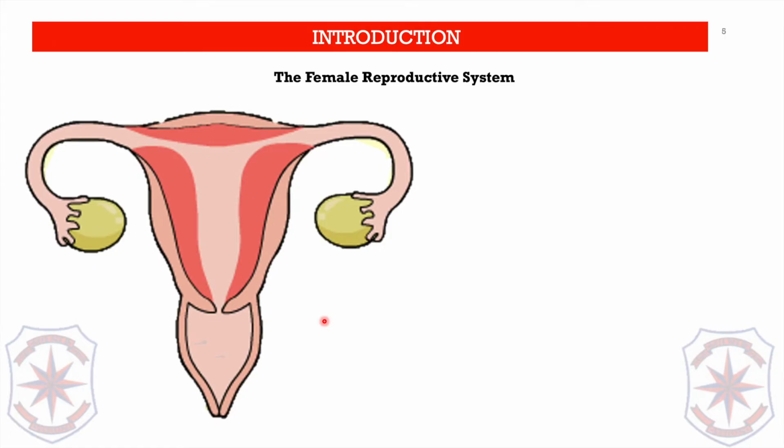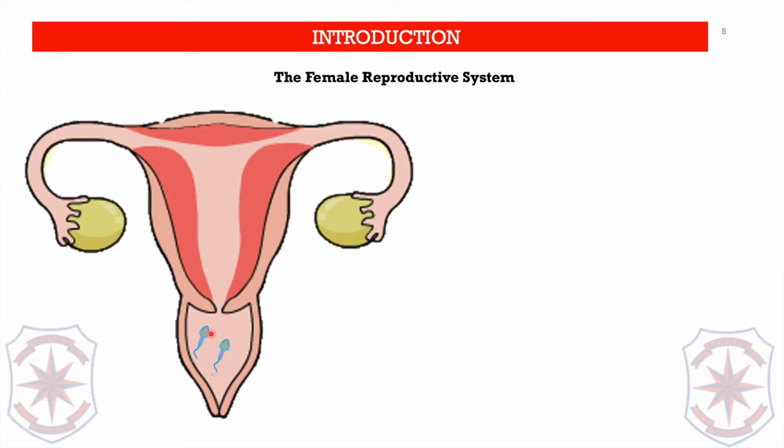All right, now, firstly, the male will insert his penis inside the vagina and deposit semen into the vagina. Semen contains 2 things. It contains seminal fluid and it contains sperm cells.